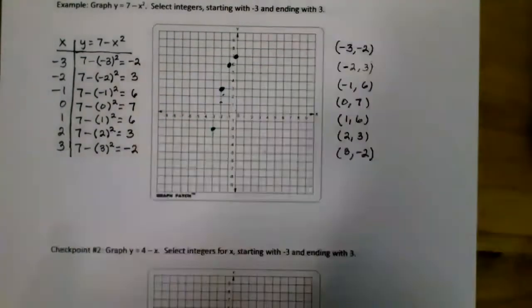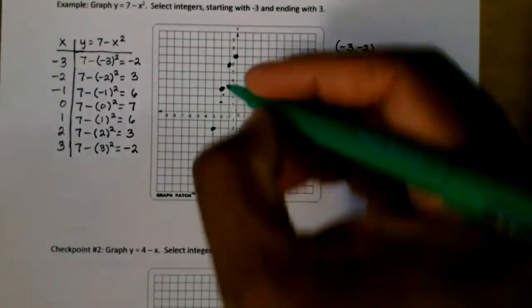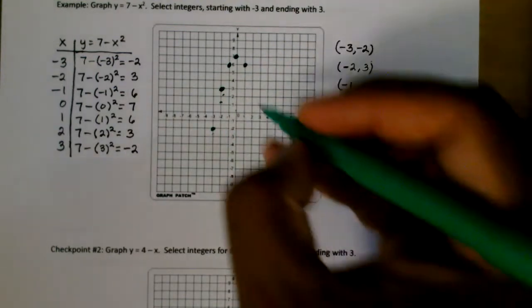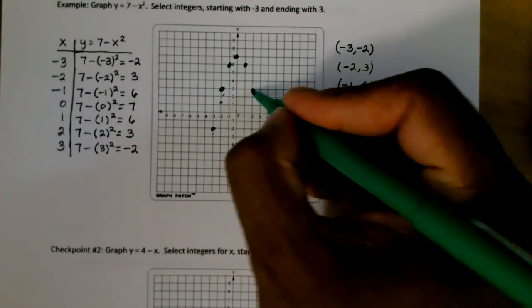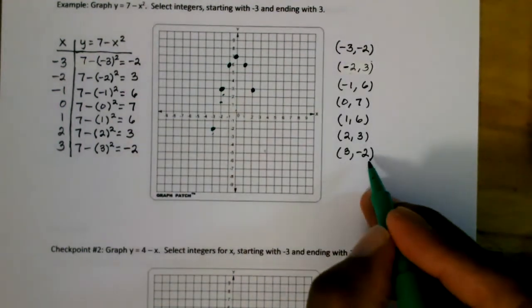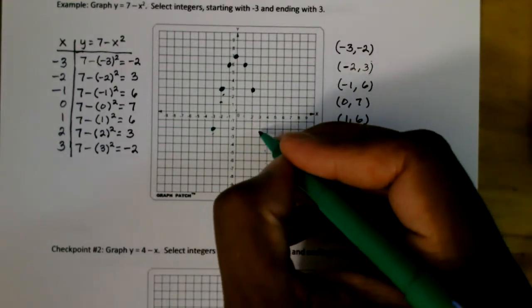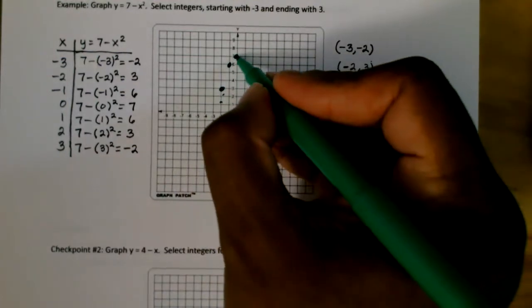So that point will be on the y-axis. And then 1, 6 will be to the right 1 and up 6. And then 2, 3 will be to the right 2 and up 3. And finally, 3, negative 2 will be to the right 3 and down 2. So these are my points for this graph.